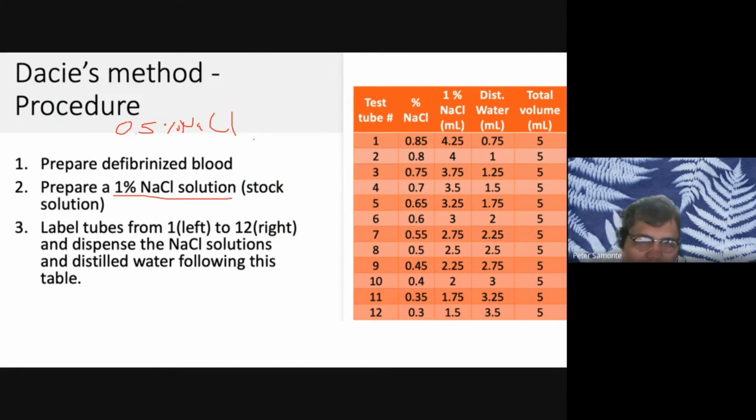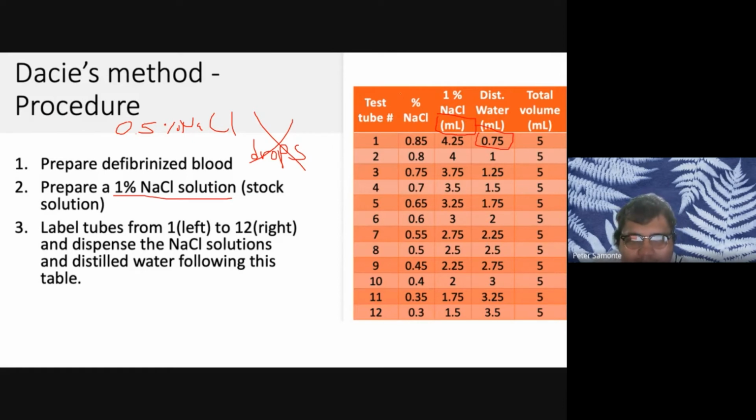Then, instead of drops, you're going to use ml of sodium chloride. Earlier it was 25 drops, 24 drops. This time, for your tube 1, you're going to use 4.25 ml of 1% NaCl and 0.75 ml of distilled water.